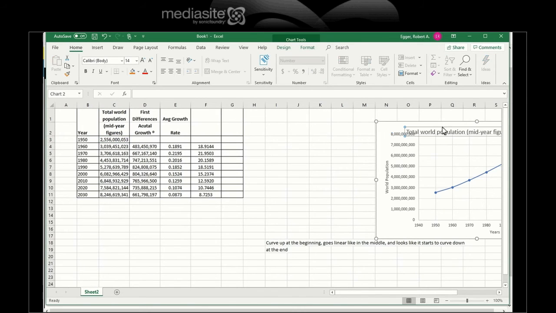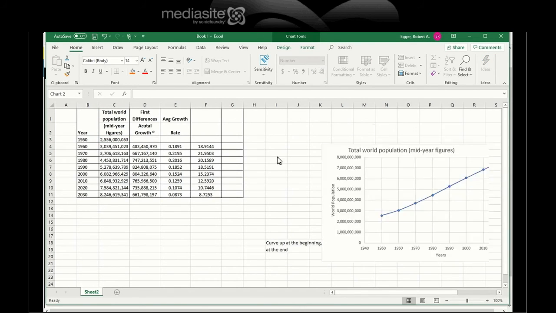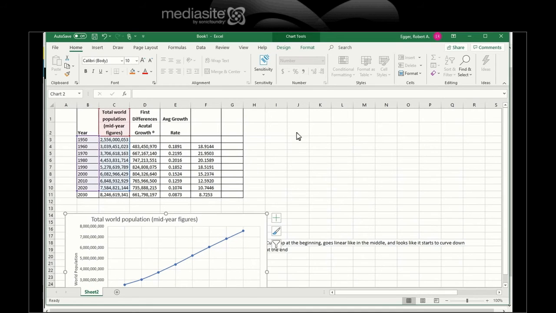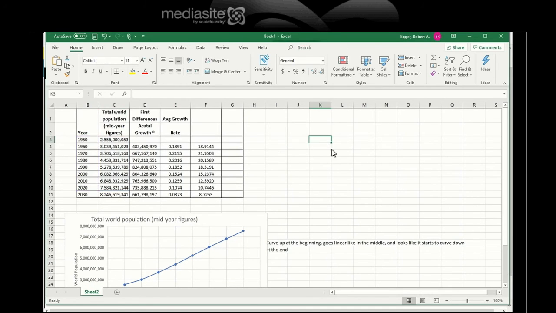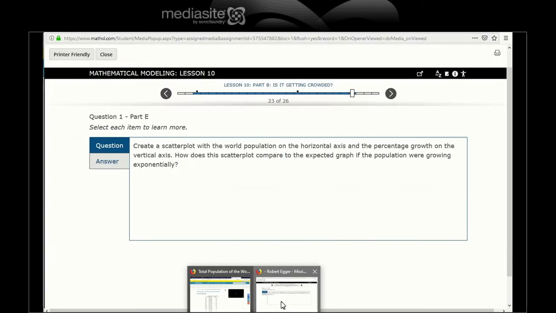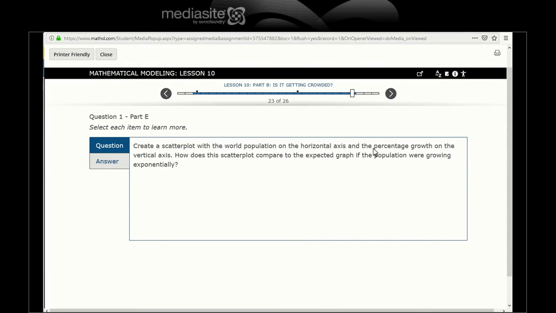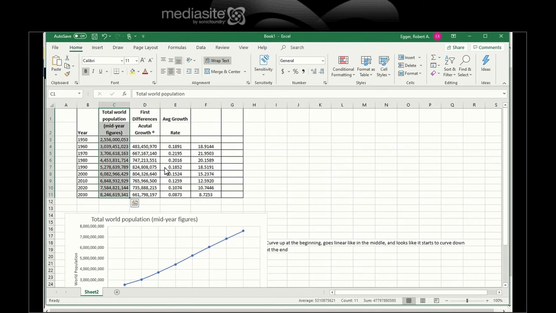So let's see. Whoops. Move this guy over here. Do another graph. And I want world population on the horizontal, and what on the x-axis, y-axis, and the percentage growth. And I guess I should name this percentage growth.